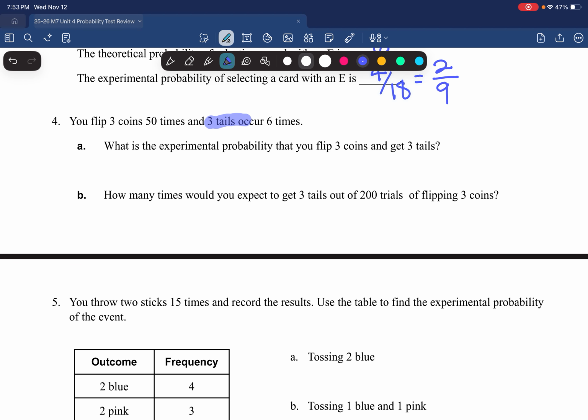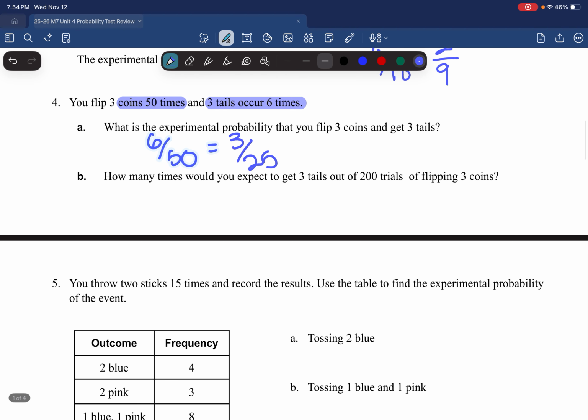Right here it tells me 3 tails occurred 6 times out of 50, right? So that means 6 times out of 50, I got what they were looking for. And you can simplify that to 3/25, since 6 and 50 are both divisible by 2.